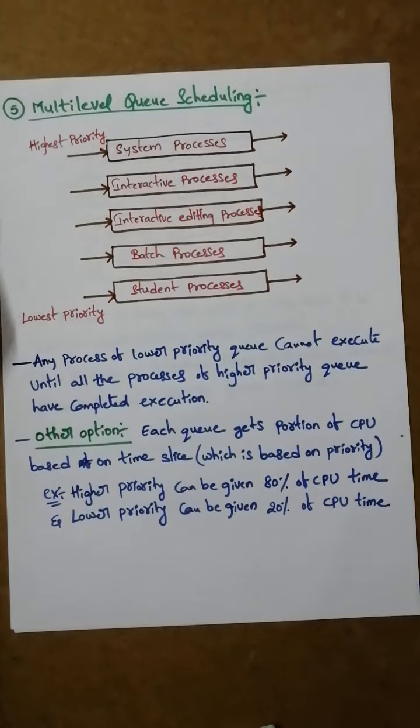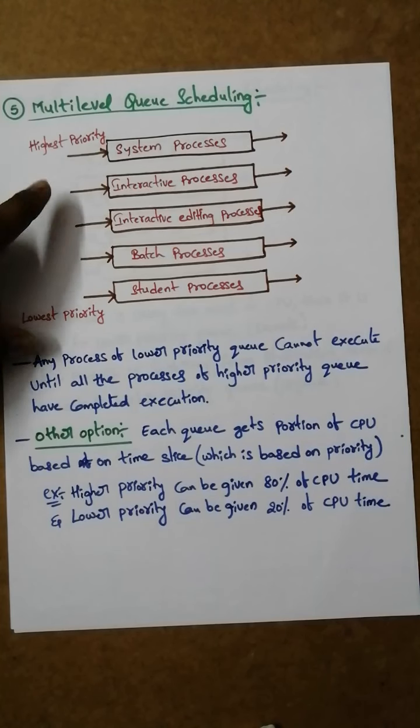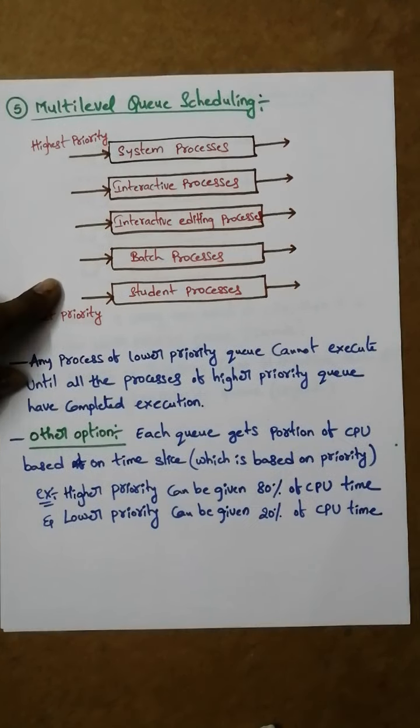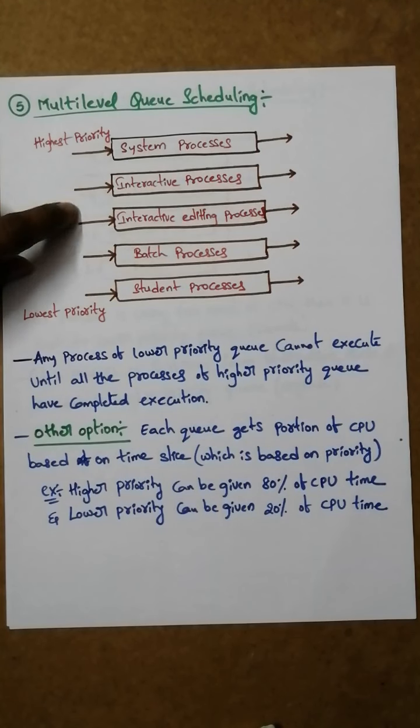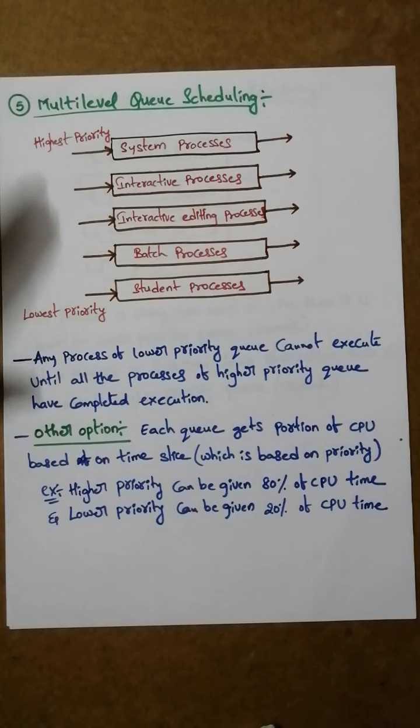The lower priority process will have fewer chances to execute, because the CPU is always busy executing the higher priority processes. There is a solution where the CPU is utilized for all the above processes based on some percentage, like 80% of the CPU time is given to the above one, the next 20%, and so on. Or else you can use something like round robin, where a time slice is given.